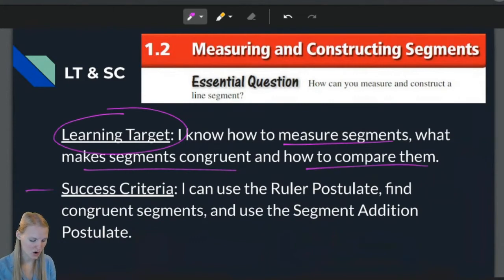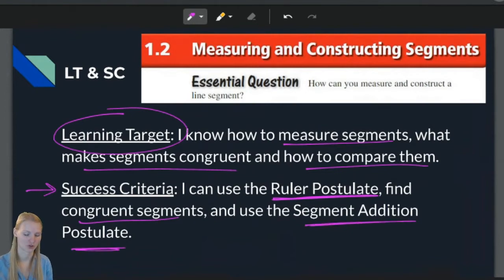And how do you know if you have met that learning target? Well, you will be able to use the Ruler Postulate, you'll be able to find congruent segments, and you'll be able to use the Segment Addition Postulate. So both of these are very important, and I look forward to telling you all about them.